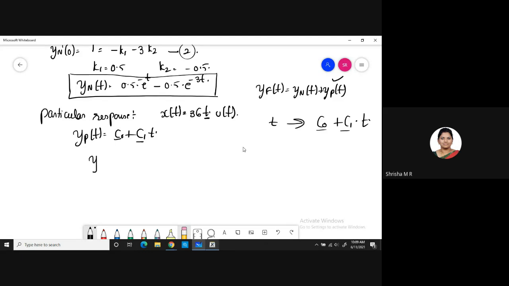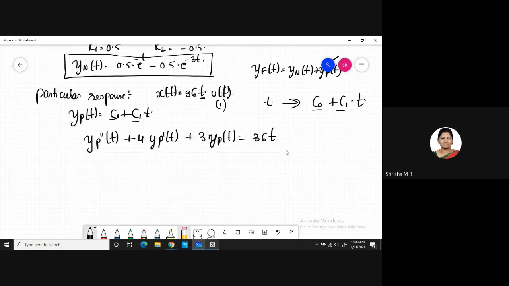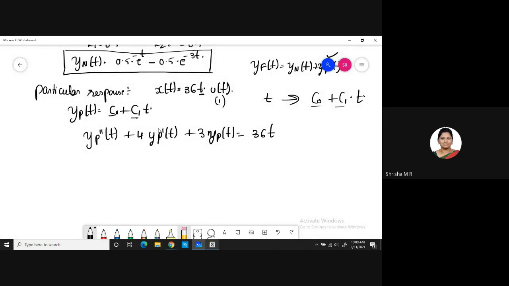So you have yp double dash of t plus 4 yp dash of t plus 3 yp of t is equal to 36t into u of t, amplitude 1. We have taken 1 here. You're substituting the particular solution in the given differential equation, s square plus 4s plus 3. Now you find what is yp dash of t and yp double dash of t.